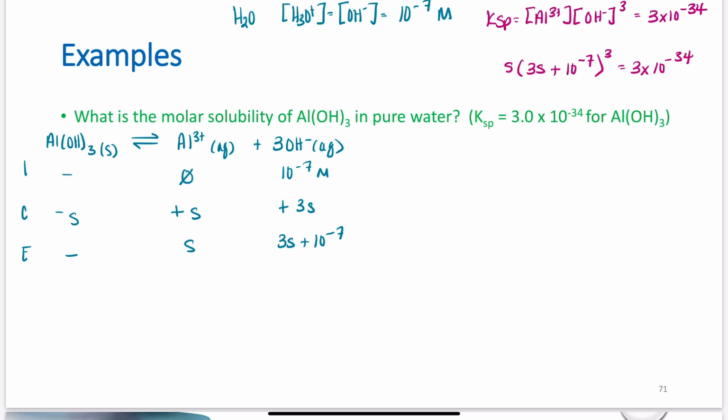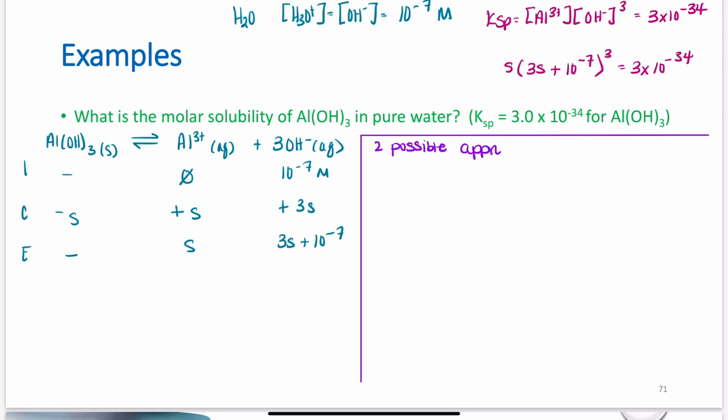We have 2 possible approximations, and we need to check both.